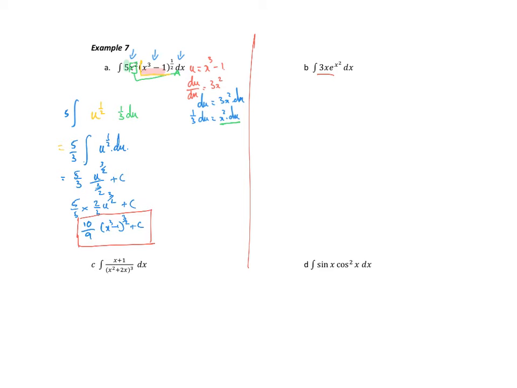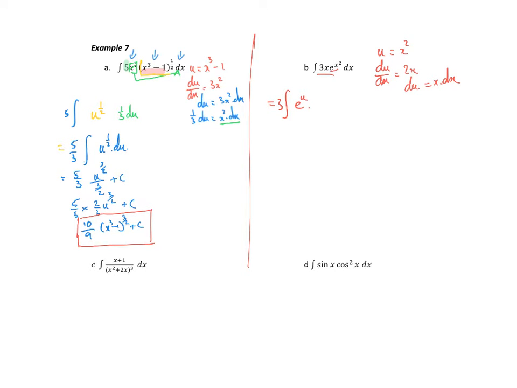e to the x squared, what do I do with that? So if I put u equal to x squared, du dx is equal to 2x, which means that du is equal to x dx. So if I now come to my rule, I've got a 3 there I can bring out the front. I've got e to the x squared, which is just e to the u, because x squared is u.